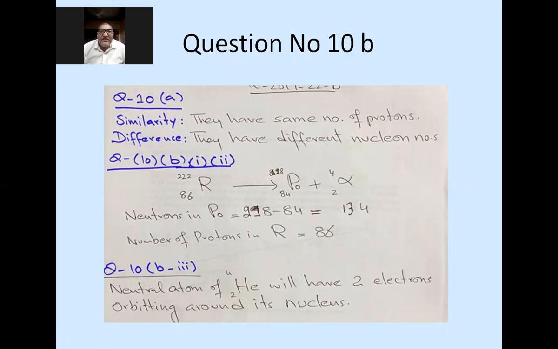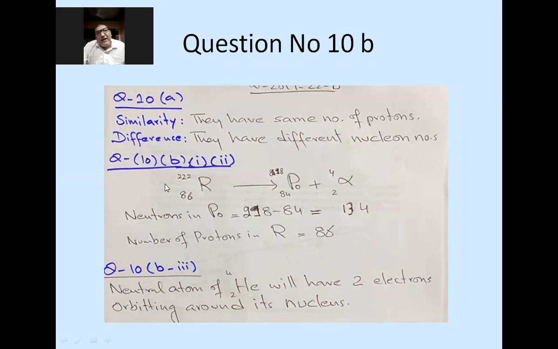So if the polonium is 84, and the alpha particle's proton number is 2, add them: 86. So the radon's proton number should be 86, and the mass number of the radon is given, 222.